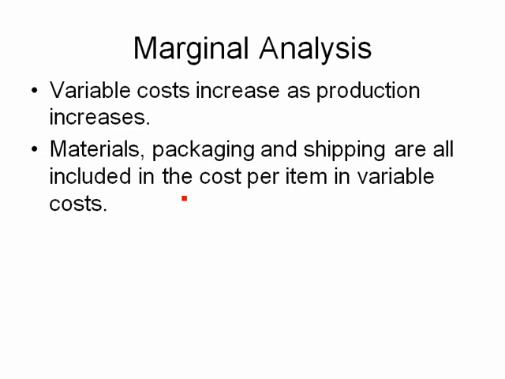Your variable costs increase as your production increases. That's why they're called variable, because they change. The things that might be included in there are materials, packaging, and shipping, because these can all be included in the cost per item in our variable costs.